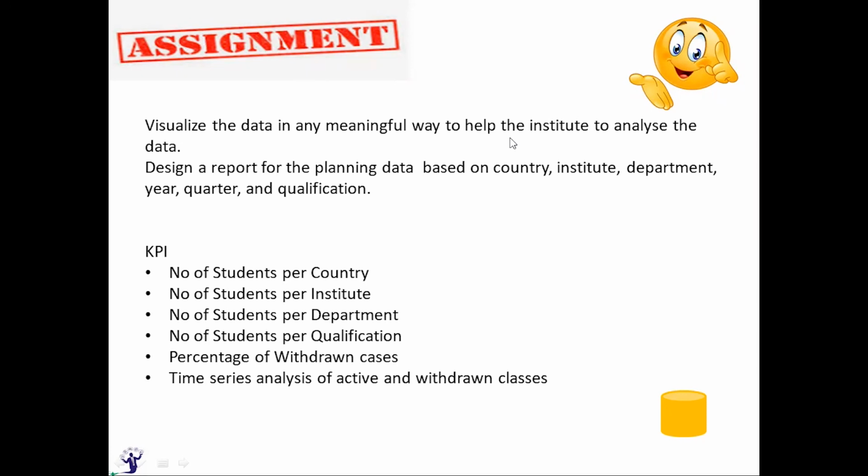There are 1000 students, let's take 300 have withdrawn, so the withdrawn cases will be 30%. Then time series analysis of withdrawn cases, yearly how many withdrawn cases are there, that is what I wanted to find out, right? And if you want, you can add your creativity over here.